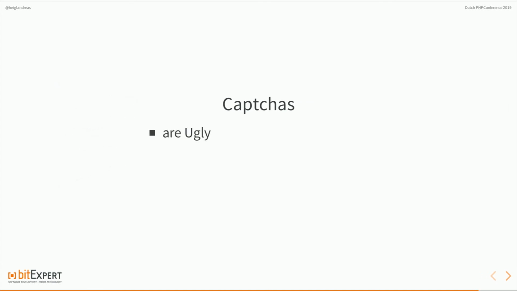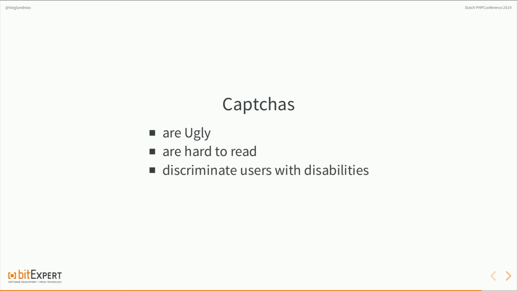And CAPTCHAs are ugly. They destroy your UI, especially reCAPTCHA. They are hard to read if you have some nice graphic captchas, and they discriminate users with disabilities. Or you have the possibility to download a sound file, which you can then send to Google's speech recognition and get the result back, enter that into the field, and automate the whole process.